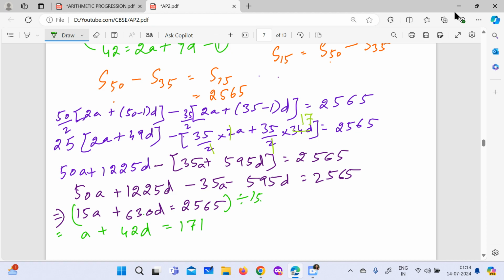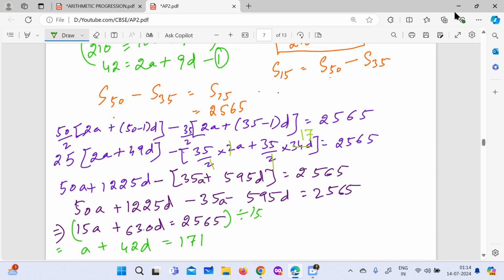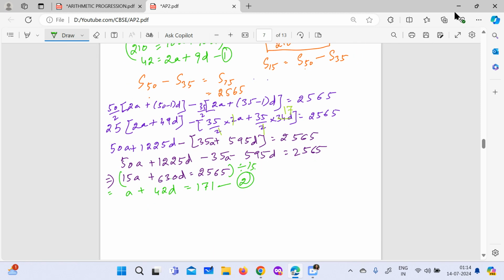So now we have already one equation, and then we got one more equation. So you have two equations. Now we solve equations 1 and 2 to get the value of a and d. Equation 1 is 2a plus 9d equals 42. When you take the second equation, we do equation 2 into 2.